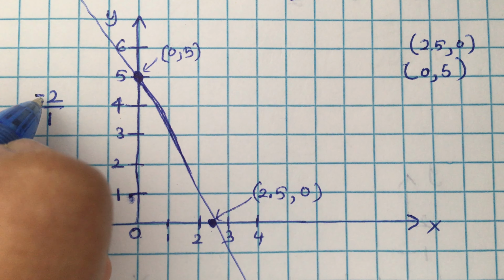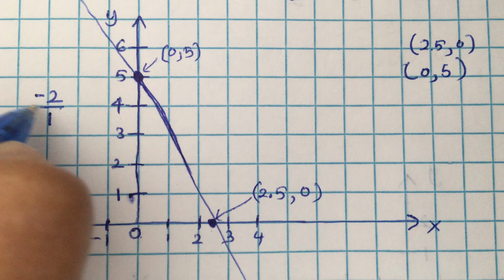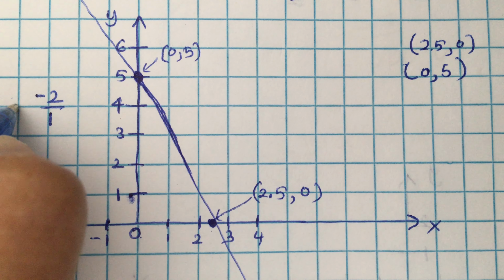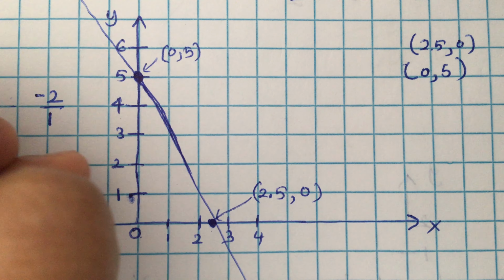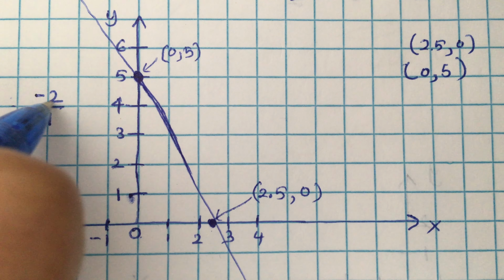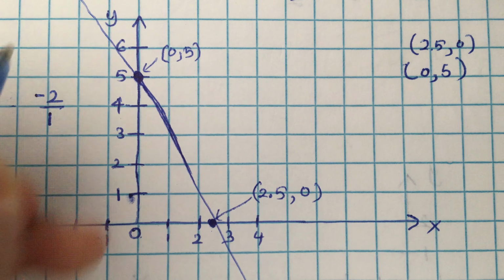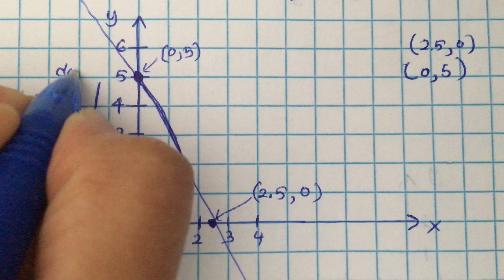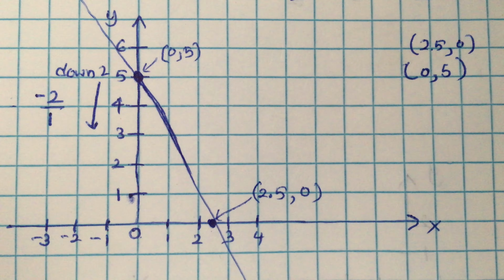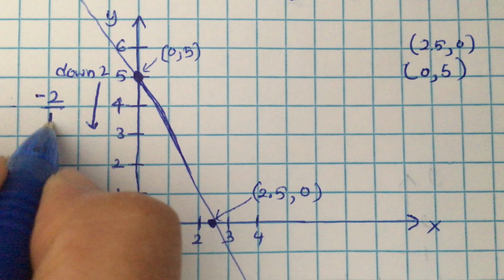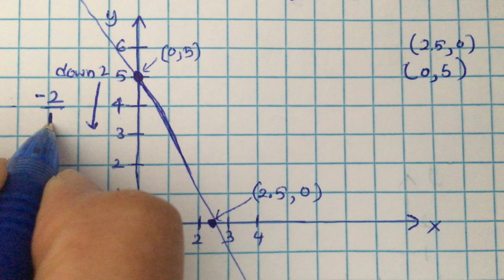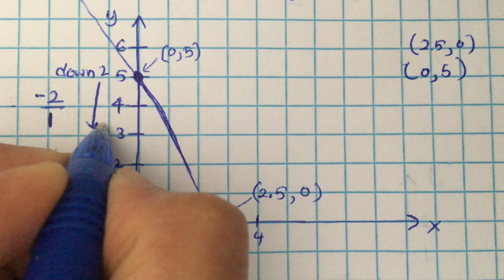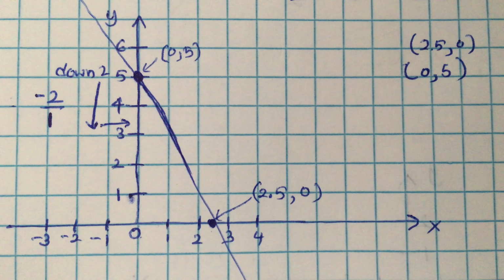So slope is the difference of y divided by the difference of x, right? Here the difference of y is negative 2, so you have to go down 2, and the denominator you have a positive number, just 1. So you have to go 1 square to this side, and that's your slope, right?